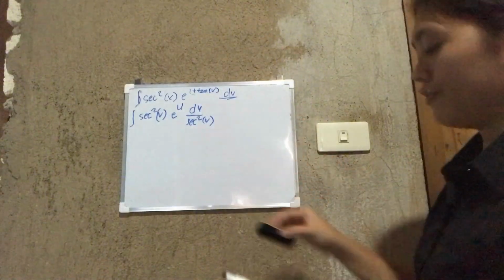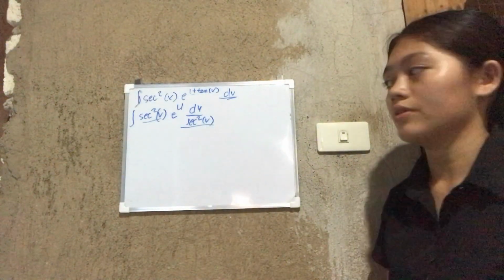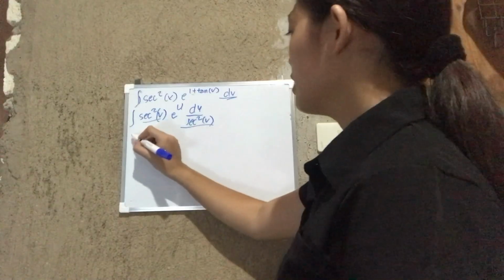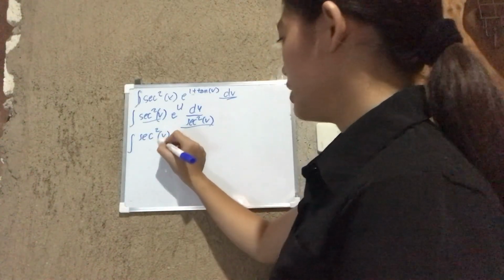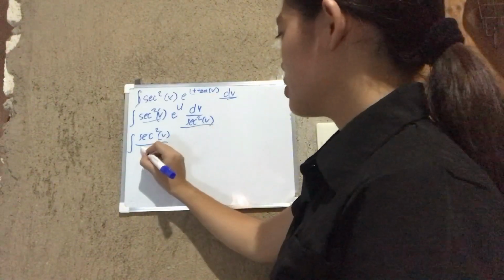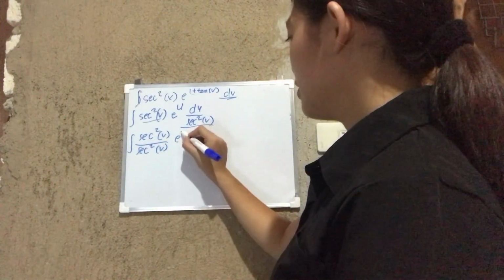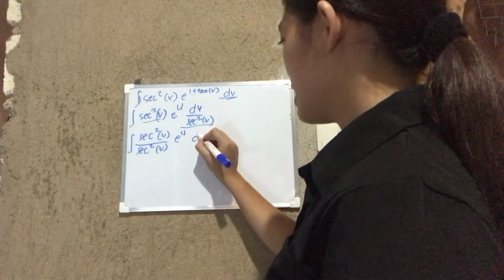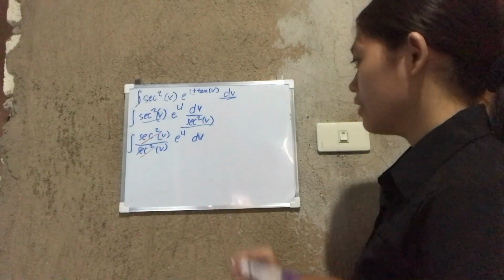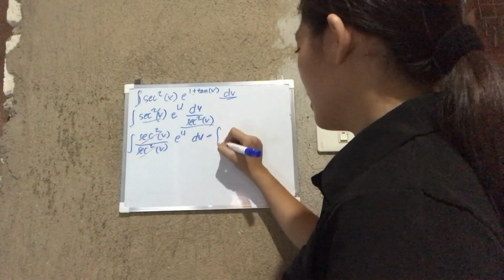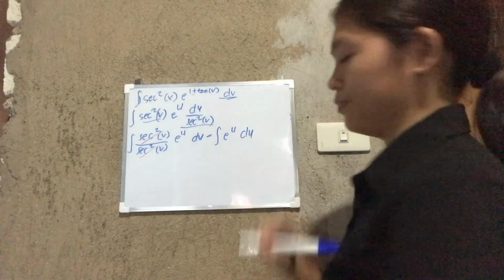And as you observe, if we multiply this term and this term, we can cancel this out. So it will now become sec squared v over sec squared v, then copy the e raised to u, then the du. Then we cancel this out. So we will now have the integral of e raised to u du.